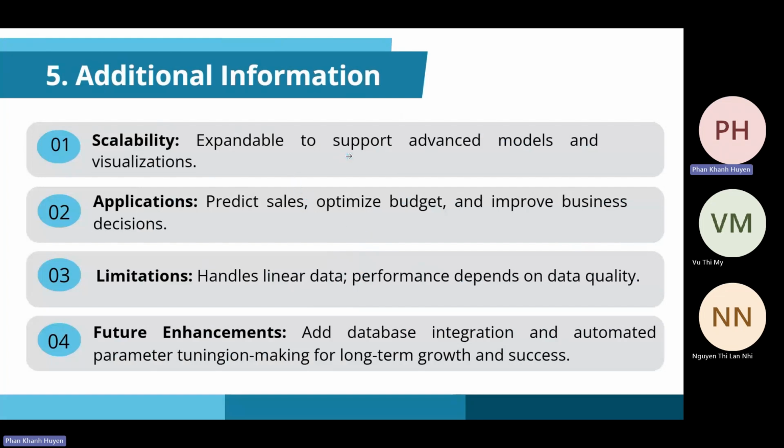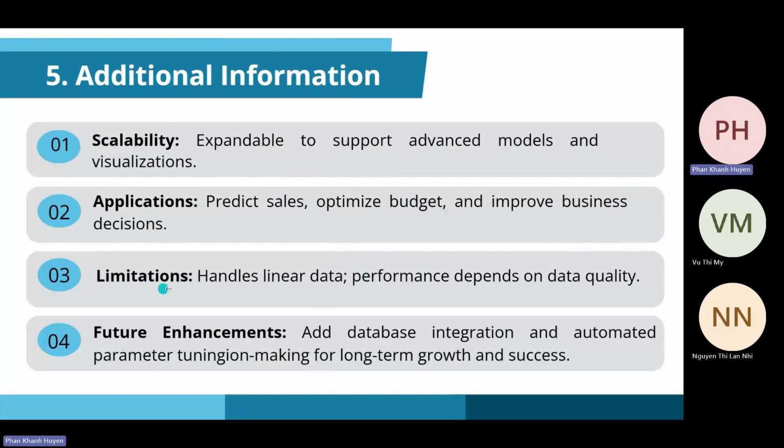This software can be expanded to support more advanced models like random forest or gradient boosting, and enhanced visualizations such as time series plots or heat maps. And about the applications in real world scenarios, this project will help businesses forecast sales, optimize budget allocation, and make data driven decisions.